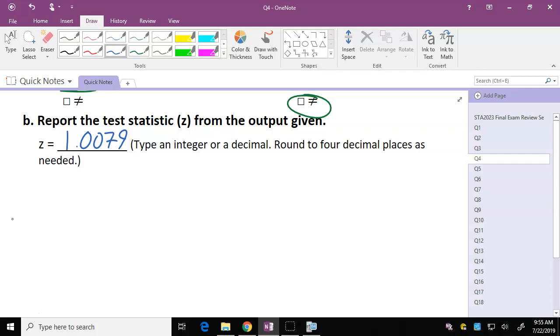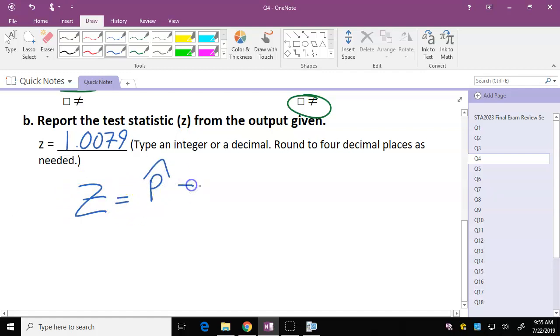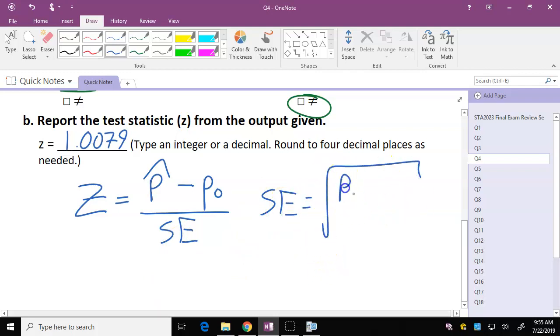So that formula from 8.1 would be Z equals your p hat minus your p naught divided by your standard error, where your standard error is equal to the square root of p naught, 1 minus p naught, divided by n.